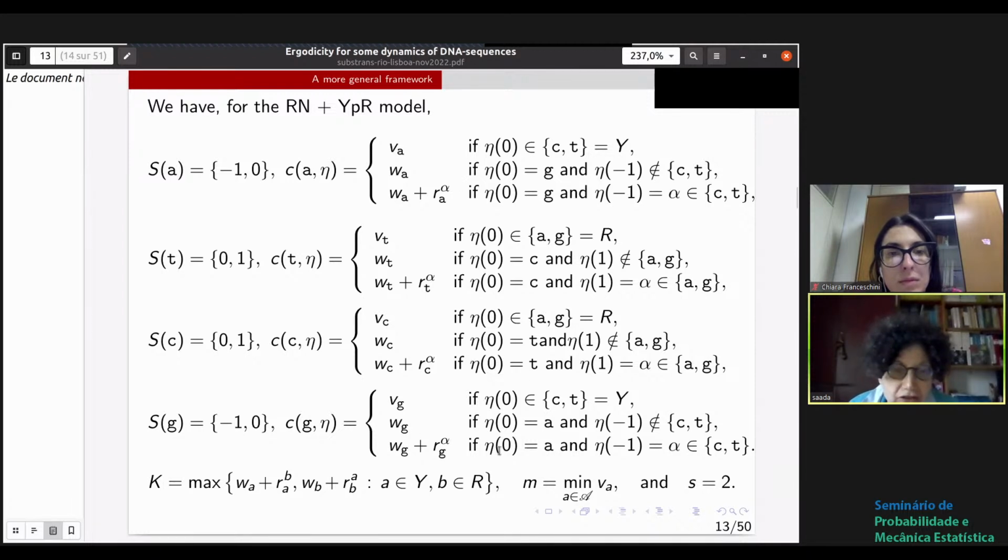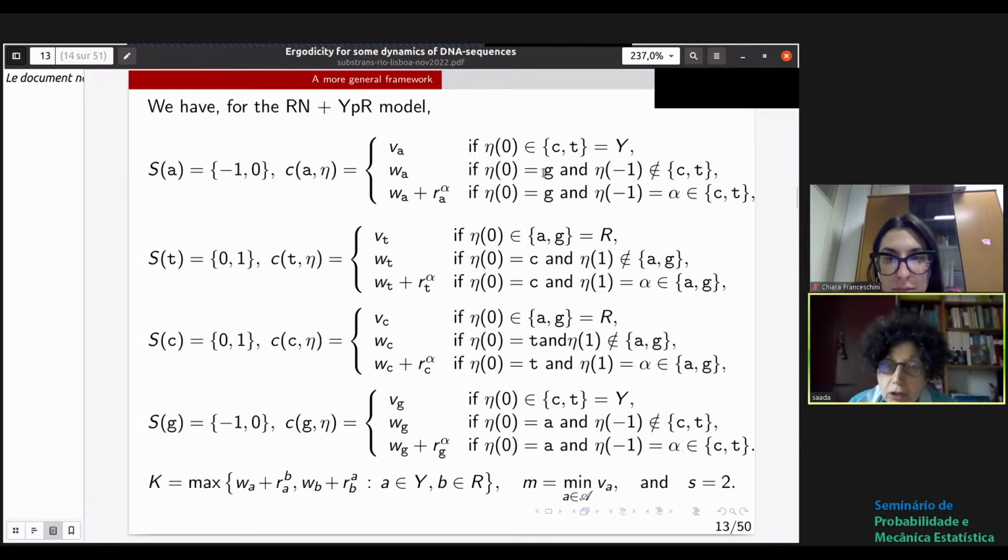So this is just to summarize, for our RN plus YpR, all these values. For instance, what is the rate to become A? As I said before, there are three cases. For 0 to become A, either eta 0 belongs to the set Y, then it's the value VA, or eta 0 belongs to the set R, like A, so it means that eta 0 is equal to G, and then we are in this YpR situation.